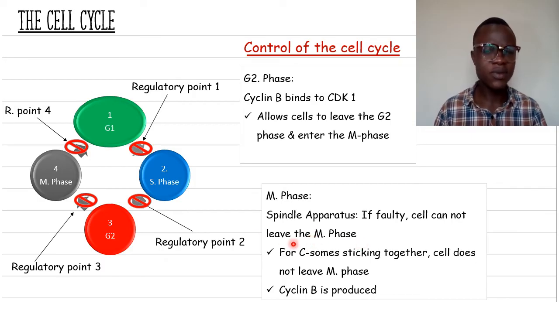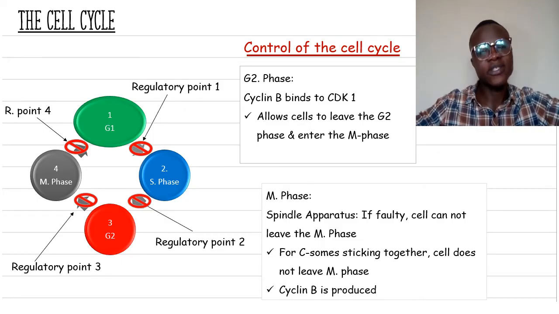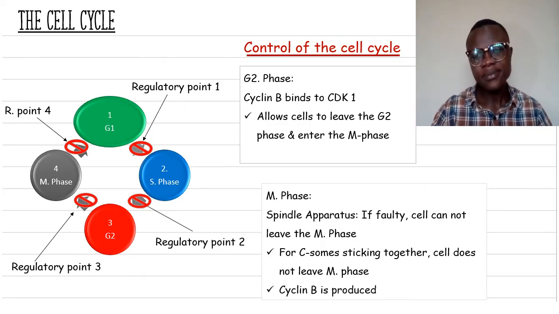Also, if chromosomes are sticking together, the cell will not be allowed to leave the mitotic phase. And lastly, in this phase you also have a lot of regulations going on, right? That's just it for the mitotic phase. Like I keep saying, we are going to look at these phases in detail.